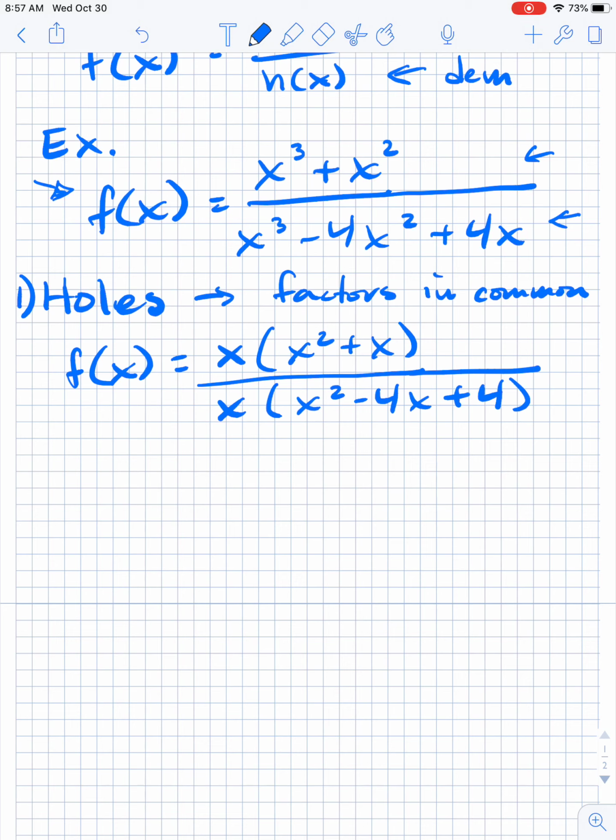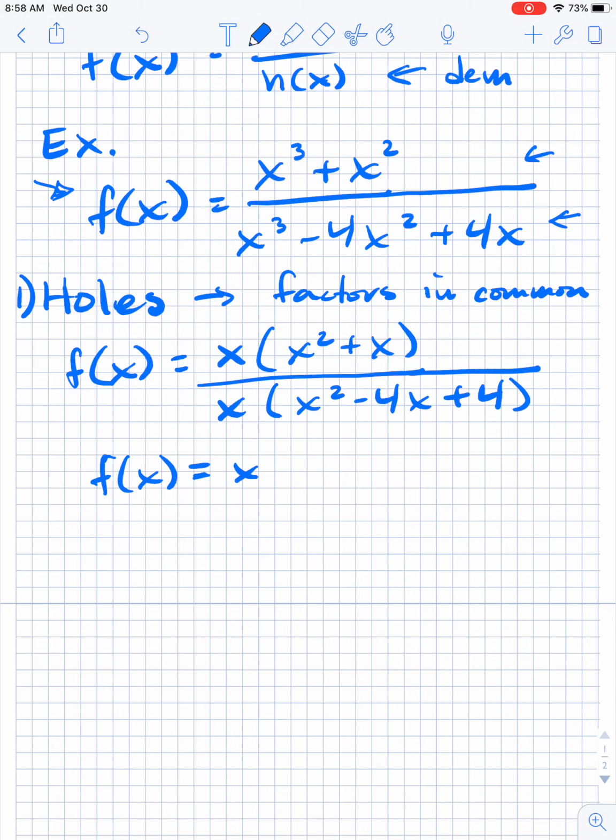Okay, so, well, actually no, hold on, let me go back. When f of x is 0, whatever x is equal to, that's where my hole is.